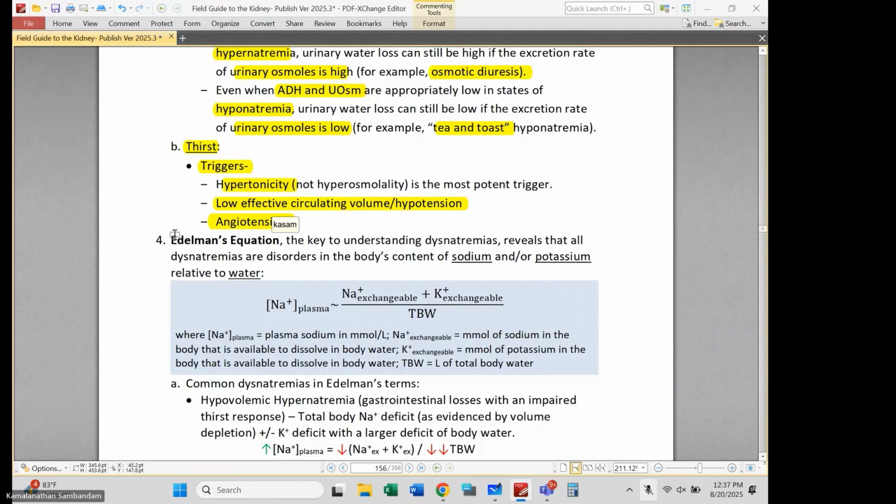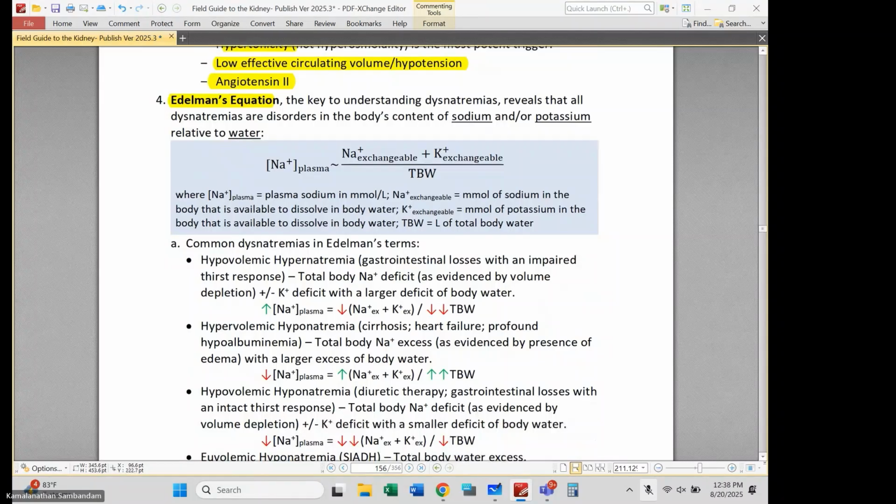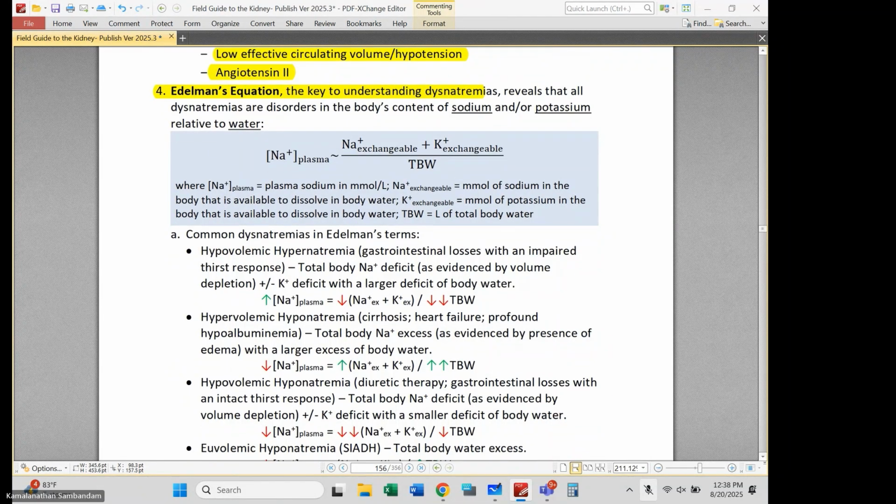Okay? All right. Edelman's equation, we've gone over. I think I can be pretty brief on this. This is the key to understanding dysnatremias. It is based on empiric data that was published by Edelman in the Journal of Clinical Investigation. One of our fellows covered this as a historic journal club some number of years ago, and it's a pretty interesting paper to pull. And this is the relationship which we've gone over. It's a simplified relationship. If you look at the actual Edelman's equation, there is a slope term, right?